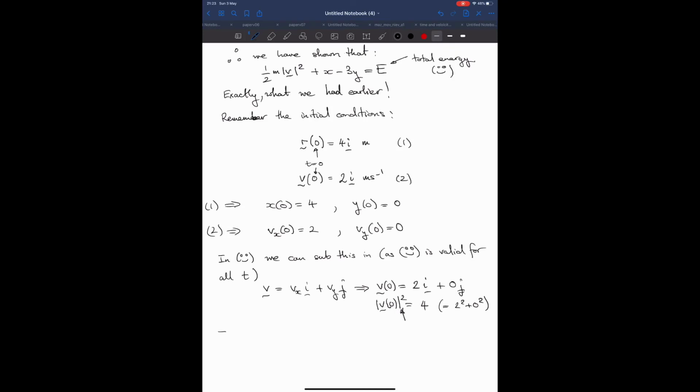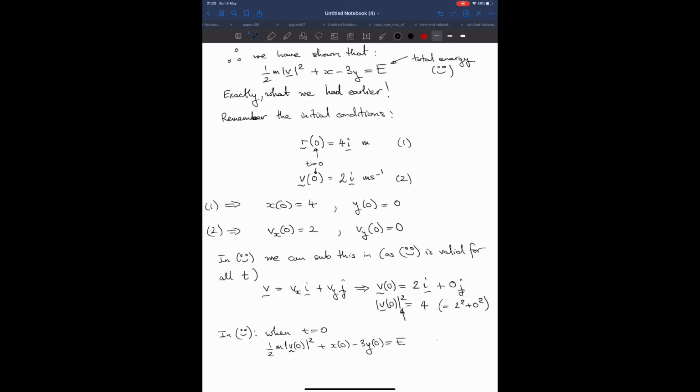Okay, so let's see if we get this in smiley face. What we therefore have is, when t is 0, this 1/2 m modulus V of 0 squared, which we just computed, plus x of 0. Remember that these things are functions of t. So now I just sub in the values.